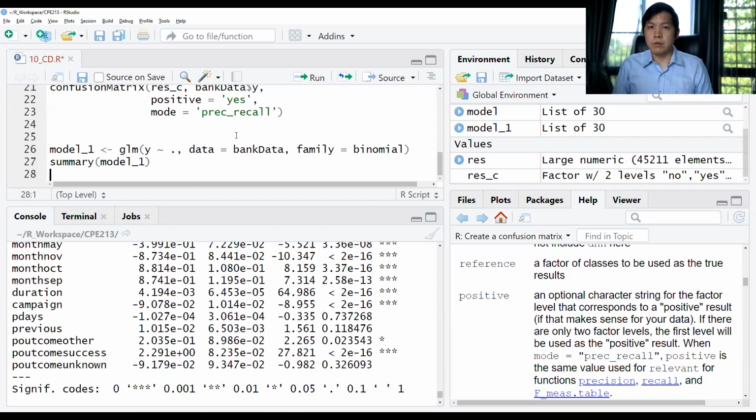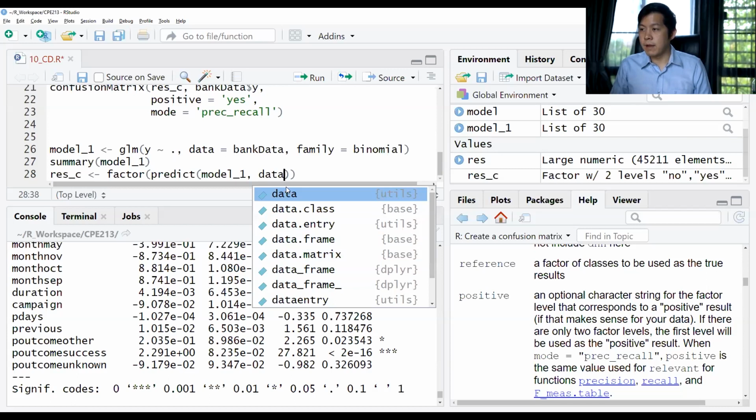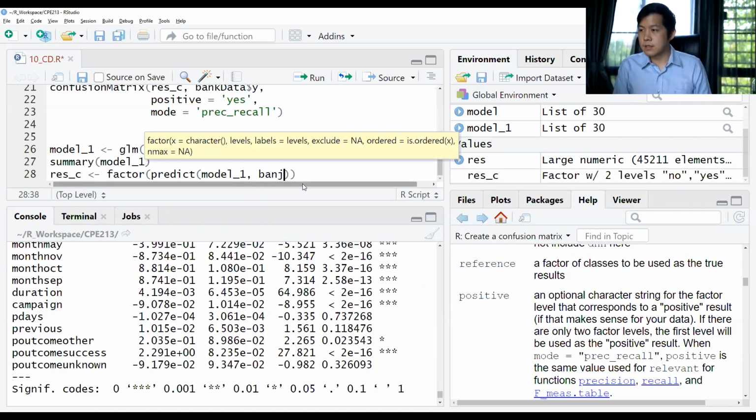Now, next would be to evaluate the results. I use res C. This is factor of predict using model 1, and the data itself, bank data, and type equal response.